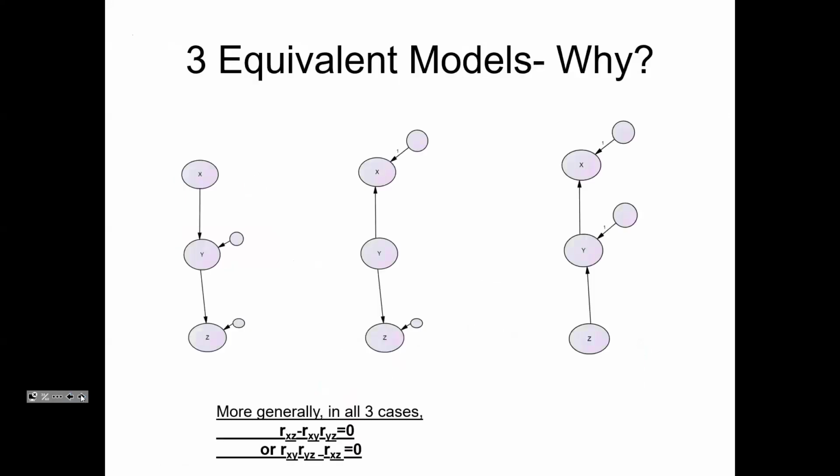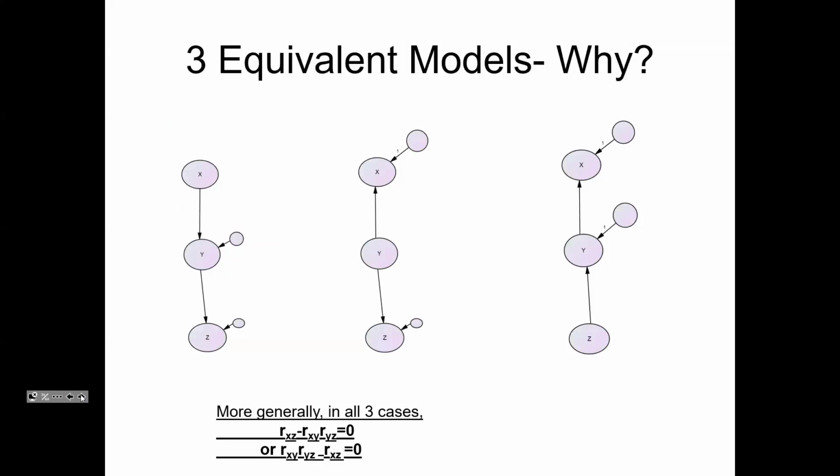So a way of thinking about that is that in all three cases, what I'm really saying is that the correlation between X and Z minus the correlation between X and Y times the correlation between Y and Z is equal to 0.